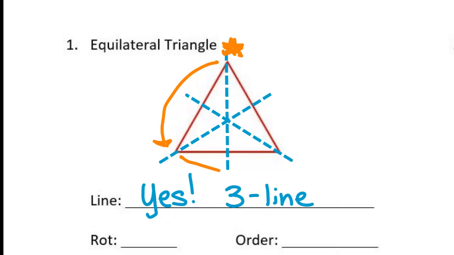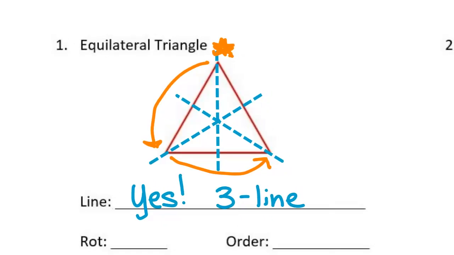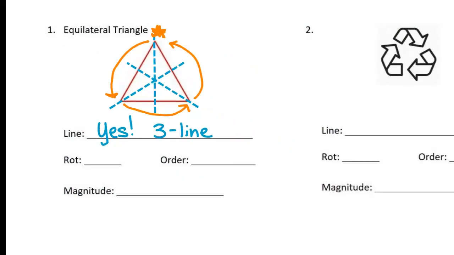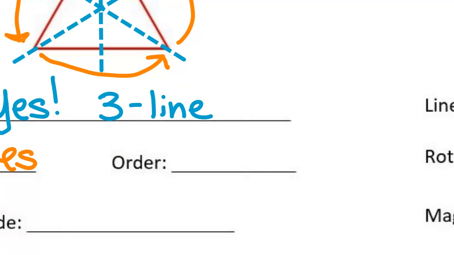Yep. And then this corner over here. If I do 2, then this star is going to end up here, and I'm not ending where I began. So we need 1 more. 3. So yes, we have rotational symmetry here with order 3, or you could say 3-fold.